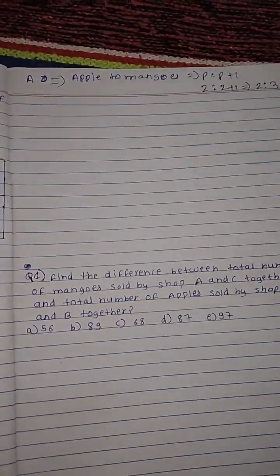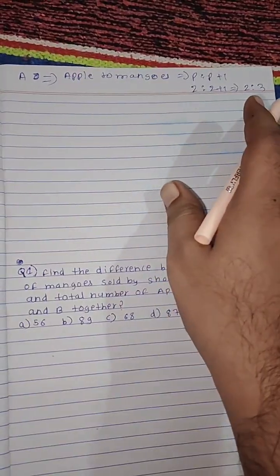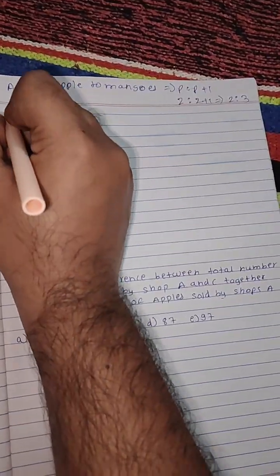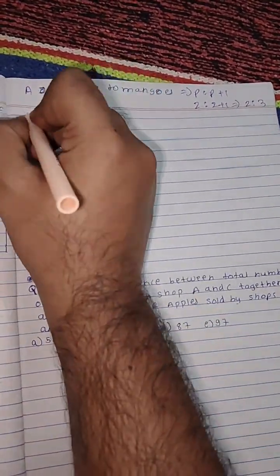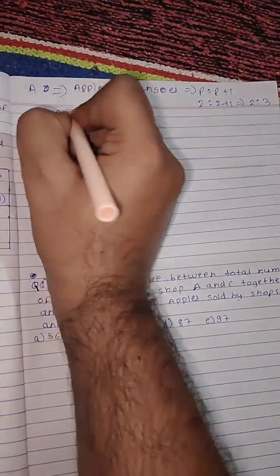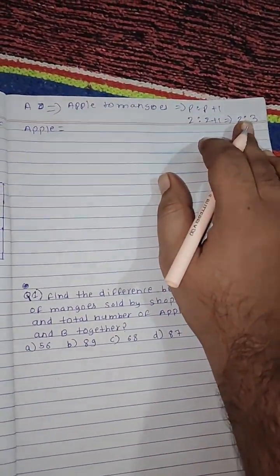So now we can solve this. So 2, 3, and the total they have given is 80.